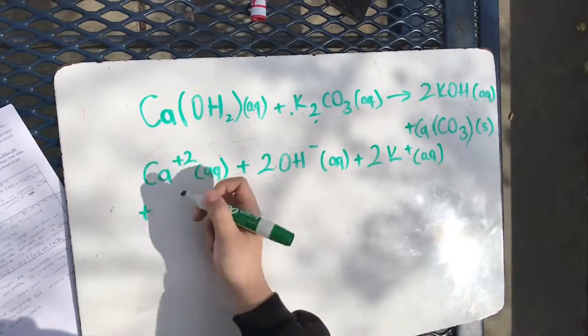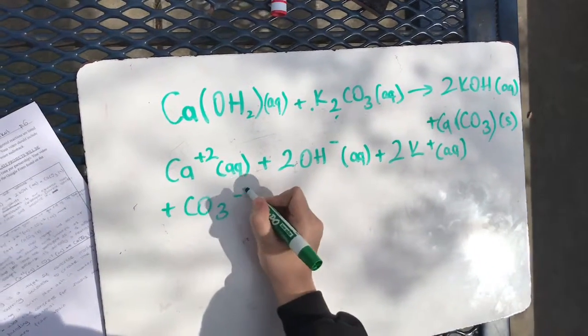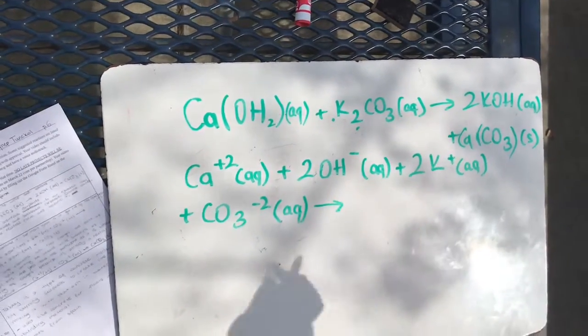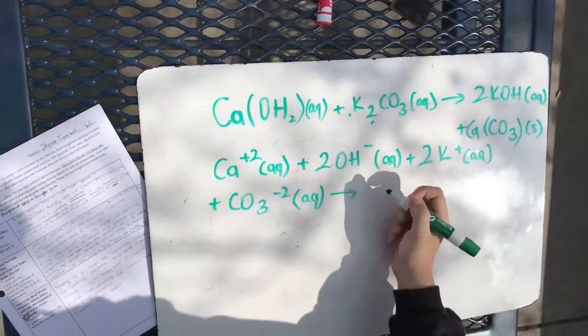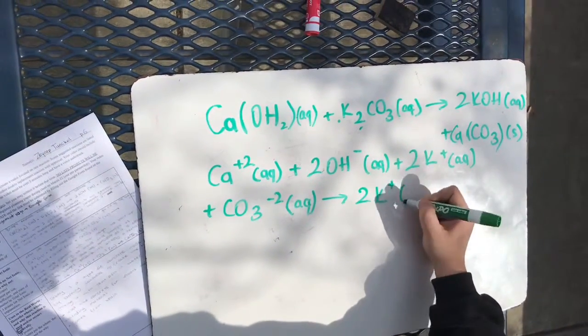And we're just moving on, and then CO3 2 minus, and that's also aqueous. So for our products, when we're writing the solid, we just don't change it, we just write it as it is.